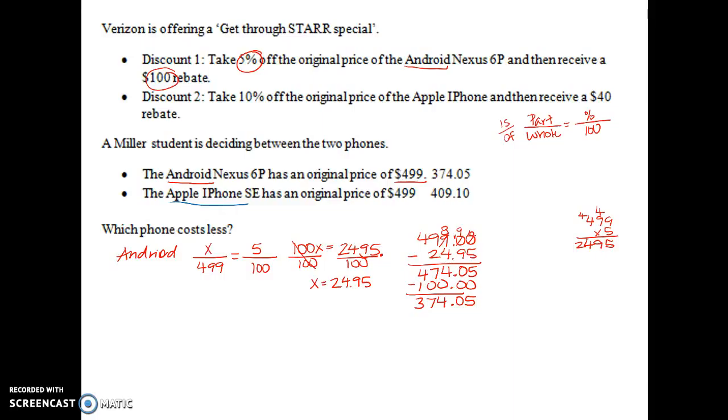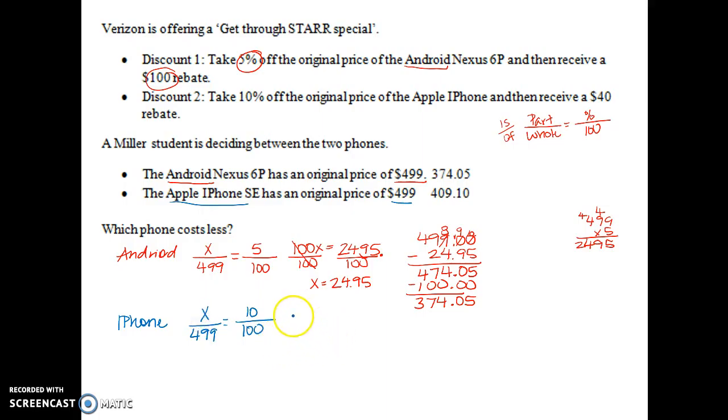See which one we'd rather do. So the original price of $499. So let's take a look. So they received 10% off. Okay, so the iPhone. So what is 10%? So 10 over 100 of $499. So x is here.